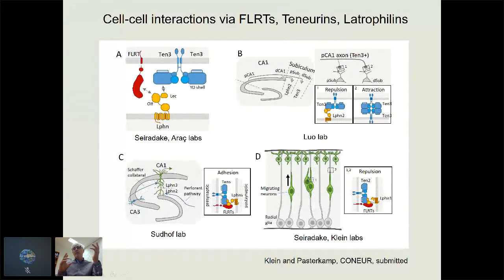So again, remember that I started this talk by saying that these proteins are probably multifunctional. But we don't understand the downstream signaling yet. This is still work to be figured out.